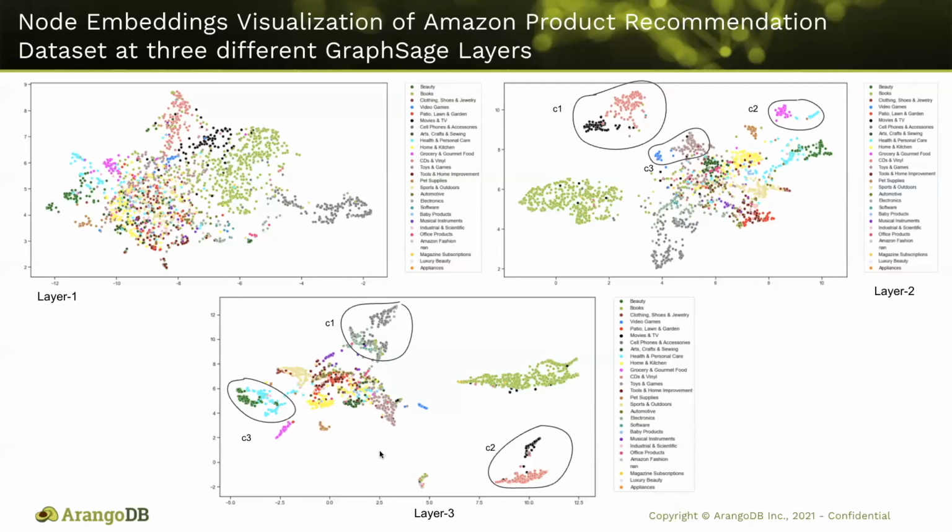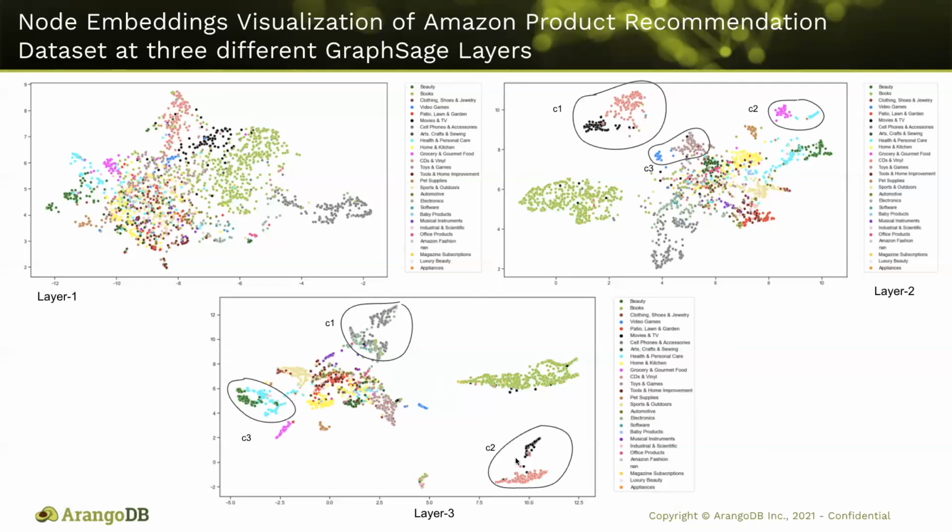And then this is the last layer representation, the layer 3 node embeddings visualization, in which the node representations are a little more fine-grained than layer 2, and we can also see some more distant clusters, like cluster C1 representing cell phones and accessories versus electronics.